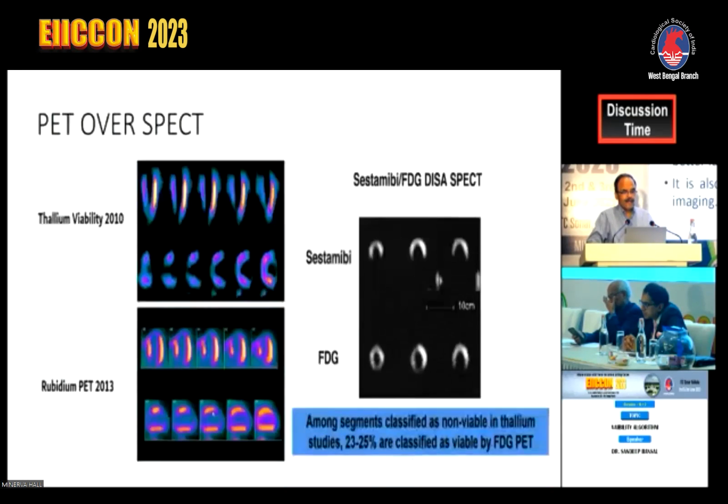So this is a typical PET scan at the bottom. And it has been seen that almost 1 in 4 segments, which are classified as non-viable on a stress thallium scan or a stress MPI scan, are actually determined to be viable on a PET scan.